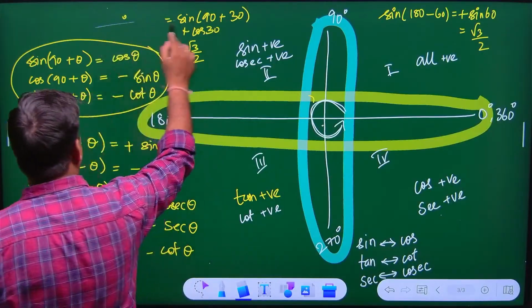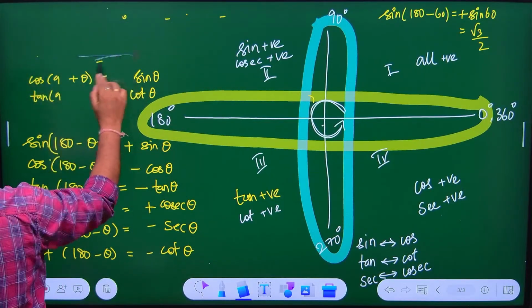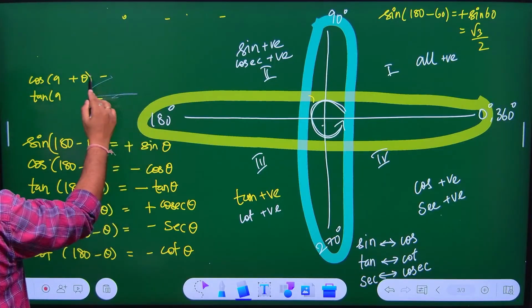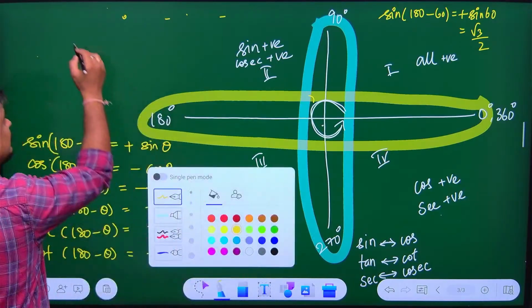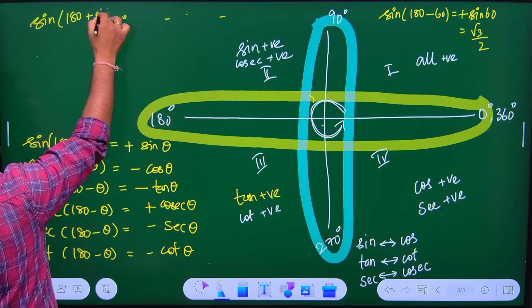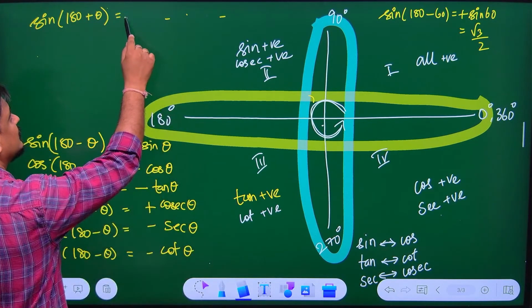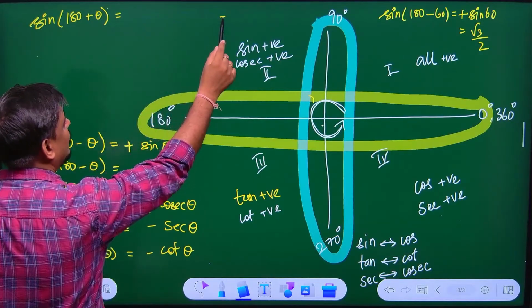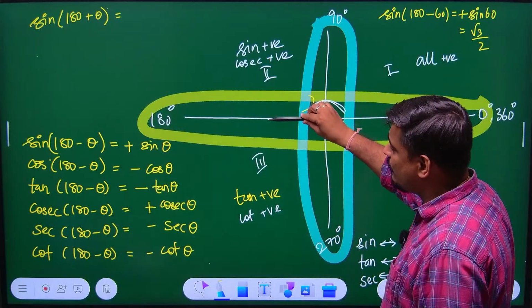Let me erase the board. Next question to you is, what is sine 180 plus theta? Which quadrant, Harini? Second quadrant? How second here? Think and tell. 180 plus theta. 180 was here, and from here you have to go this side.